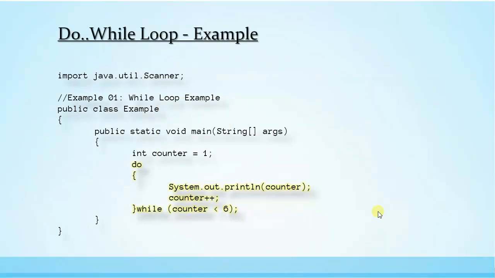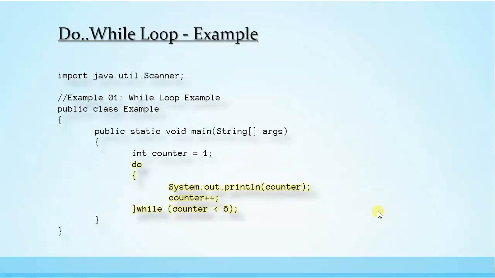Here is the example for a do while loop, and if you see here the counter is 1, and then we placed a do, opened curly braces and closed curly braces. Within that we have two statements. One prints the output in the console window, and the last statement increments the counter variable. So at the end of the loop we are checking the condition while counter is less than 6.